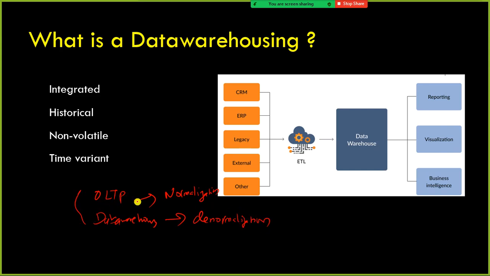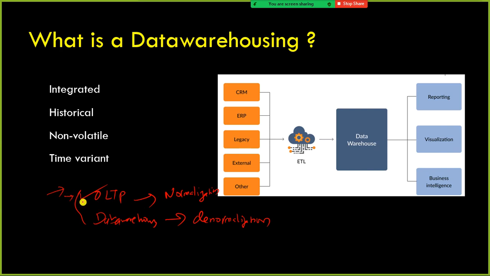The difference between OLTP and data warehouse is, in the case of OLTP, we don't store historical data here. The update and delete performance should be much faster. Customers should be able to raise and generate an order in a pretty fast manner. And if they want to make changes to their order or cancel it, everything should be pretty fast.